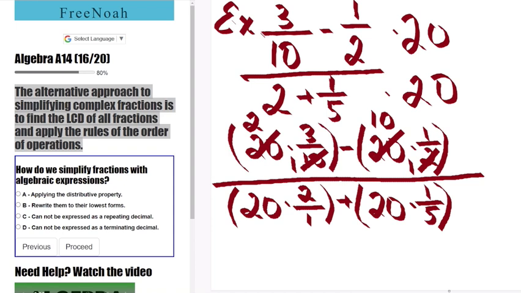Now 5 goes into 20 4 times. So we're going to replace the 5 with a 1 and we're going to replace the 20 with a 4. And 1 goes into 20 times. So we can leave 20 times 2 over 1 as is.